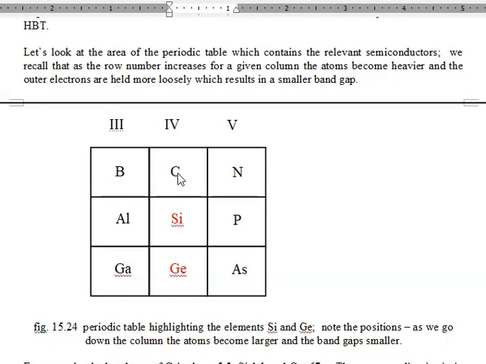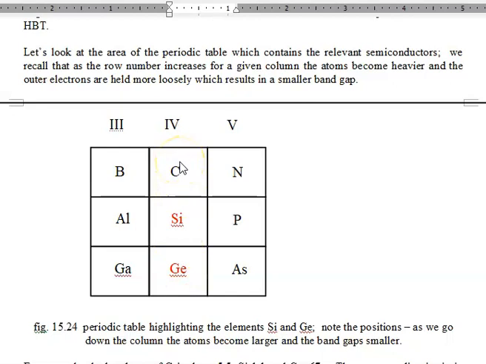It's a very light atom, and it has a very wide band gap. Silicon is heavier. It has a lower, a smaller band gap. Germanium is heavier yet, and it has an even smaller band gap.